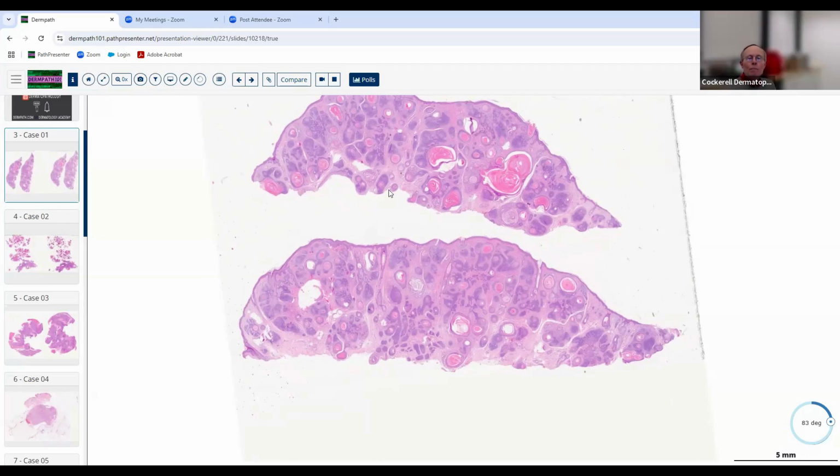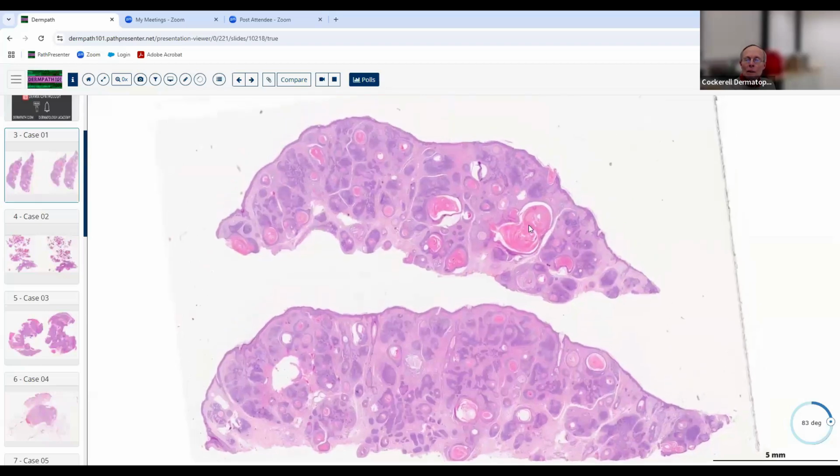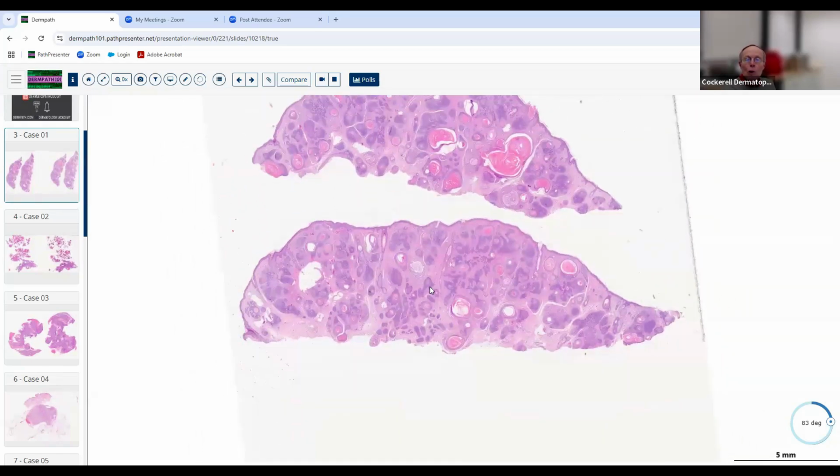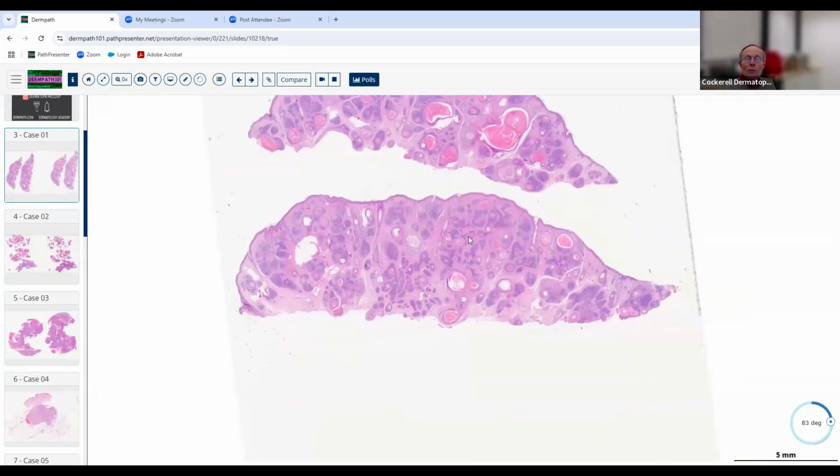And so we start looking, and we see that there are these little cysts here. So that's important. We see that there are these blue areas here. So when we see something blue that's epithelial, that makes us think of basaloid.